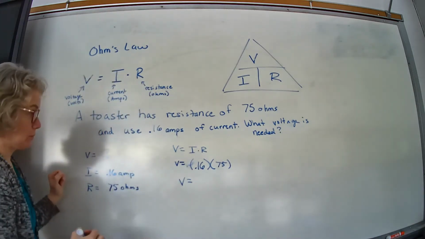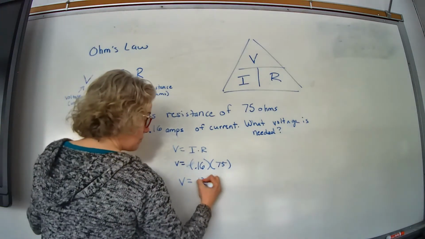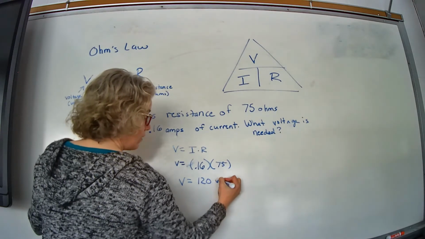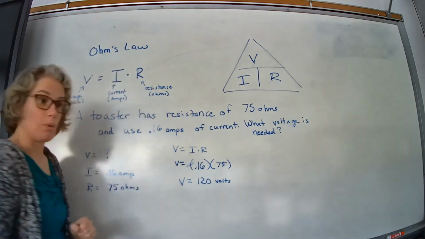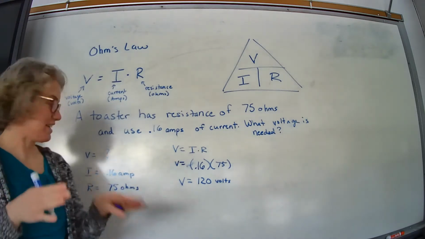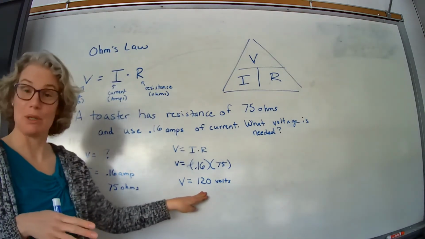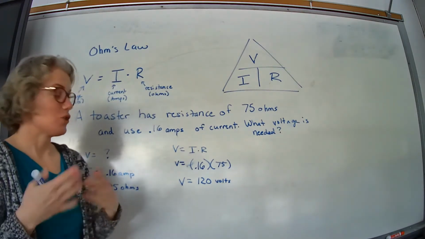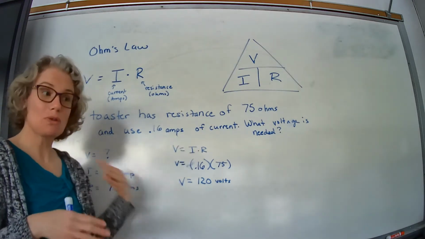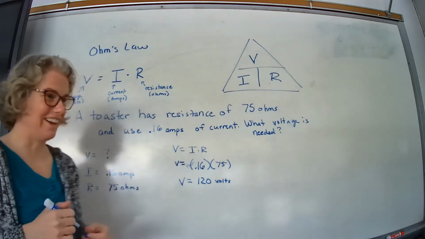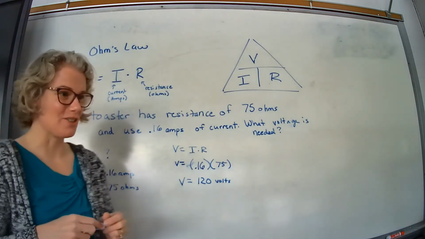And now I just multiply those together and it comes out to be 120 volts. Which makes sense because that is the voltage that a typical plug in your house has. So this toaster was designed to run on the electricity available in your house.